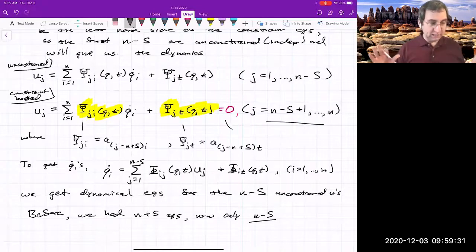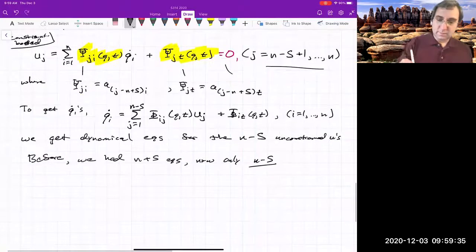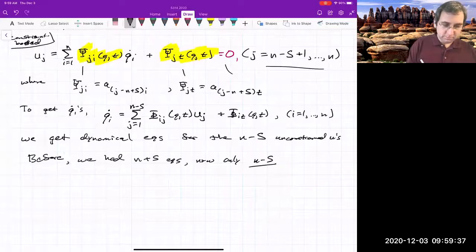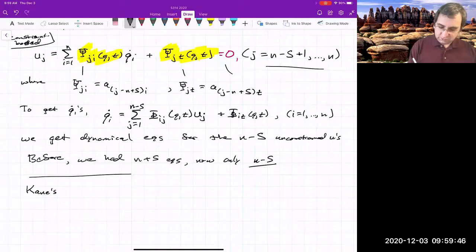We still haven't written what the dynamical equations are, but let's do that. So this is now, and Kane's name gets associated with this, so I'll just write it as Kane's equations of motion.